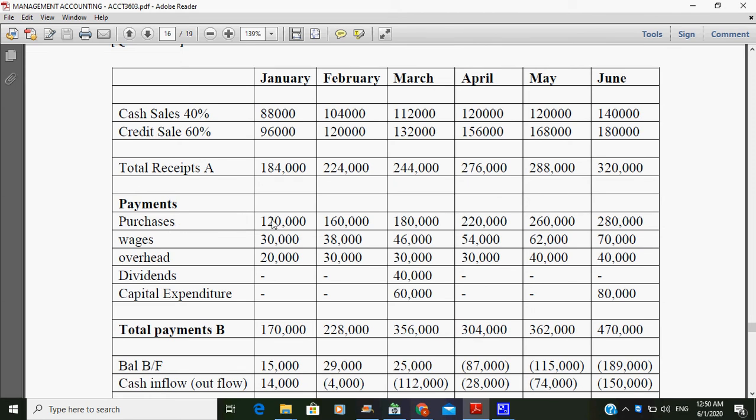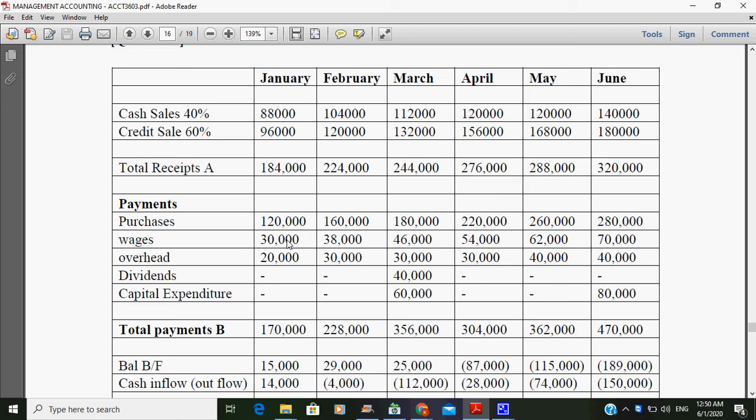Wages now says that 75% of wages are paid in the current month and 25% the following month. First thing first, you wonder why wages is 30,000. A part of this 30,000 is money coming from December. So you're going to find 25% of 24,000, so 0.25 times 24,000, which is 6,000.